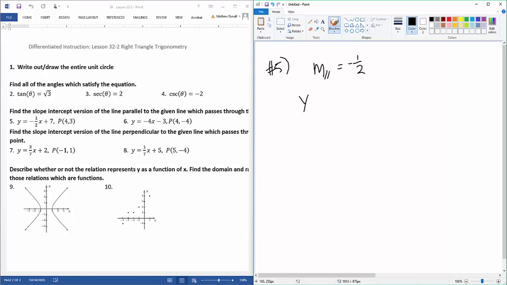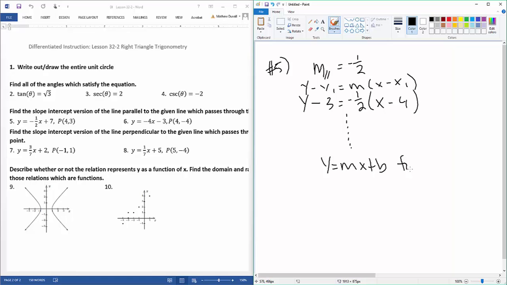So then y minus y1 equals my m times x minus x1, right? We have to remember the point slope formula. But it's asking for the slope intercept. So you need to do the work and make it into the y equals mx plus b form.